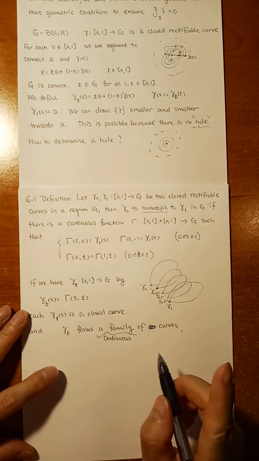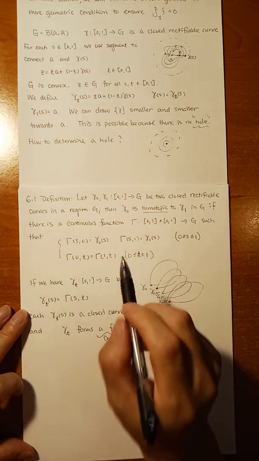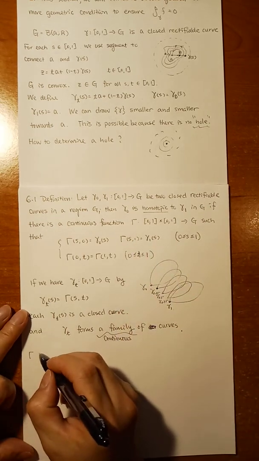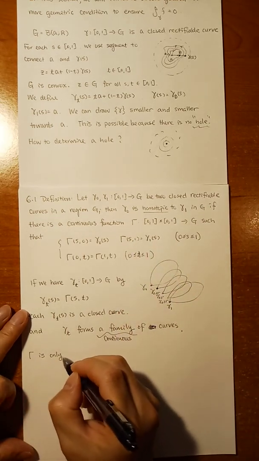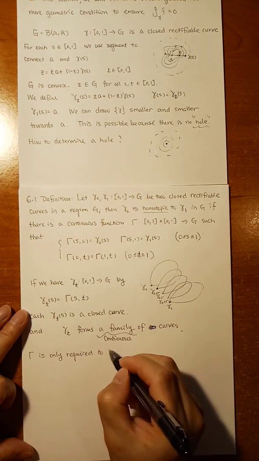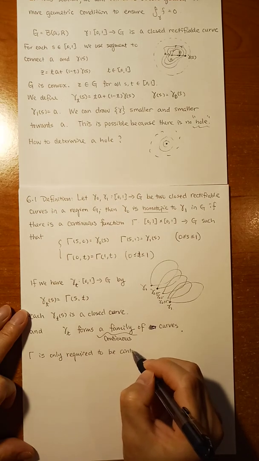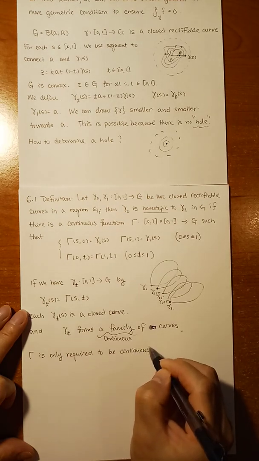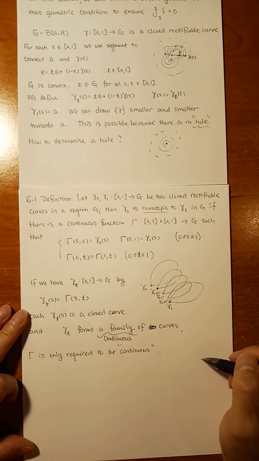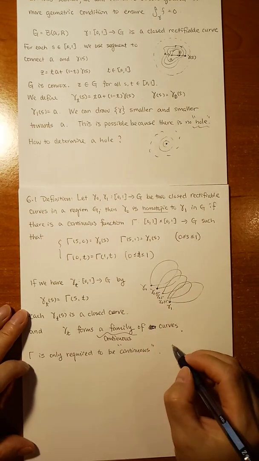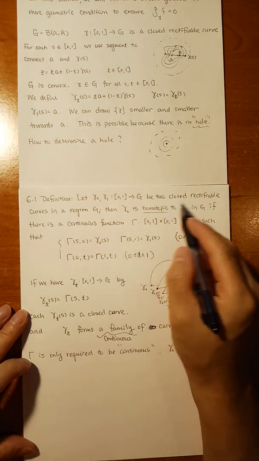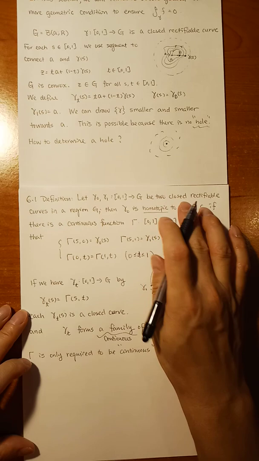Well, one thing we have to be careful about. We only require capital Gamma to be continuous. So gamma 0, gamma 1 are rectifiable from the assumption.